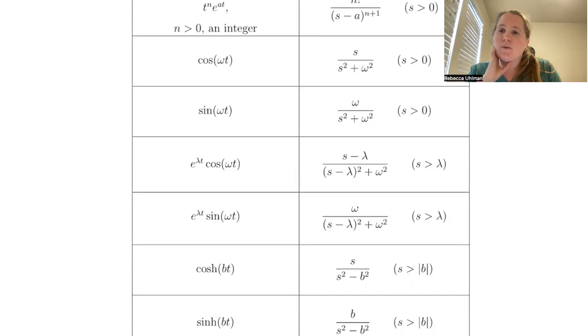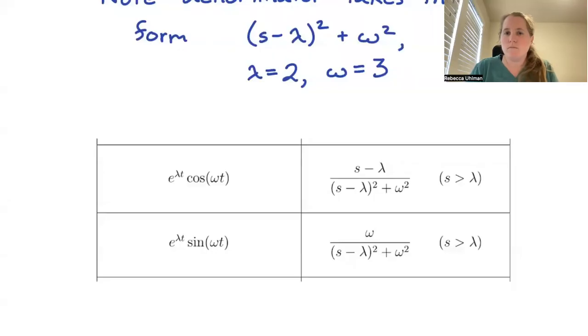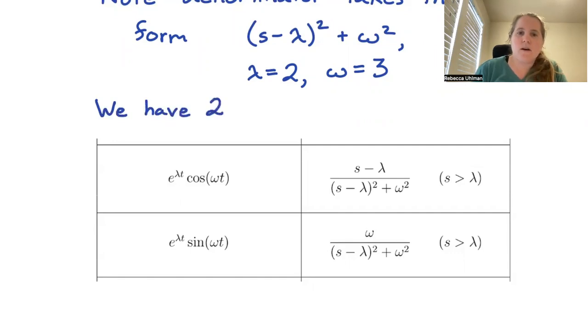And we also have omega over s minus lambda squared plus omega squared, which came from e to the lambda t sine of omega t. So both of those will be useful in forcing our function into recognizable form. Again, we have two rows in our table where the denominator takes this form.